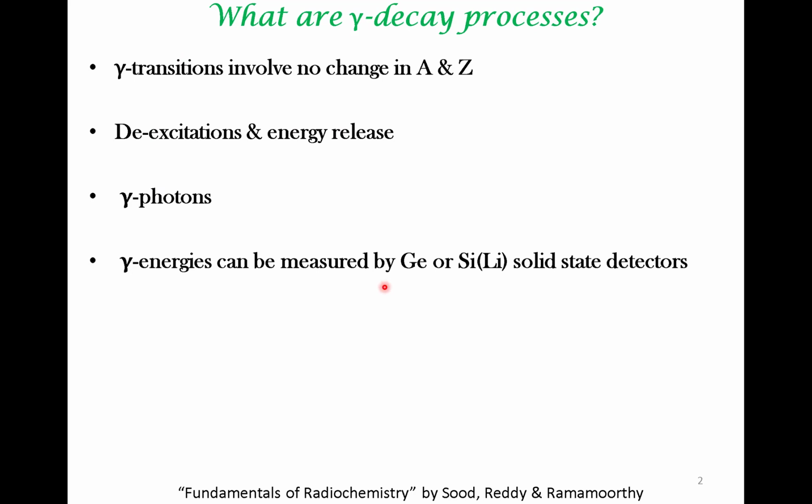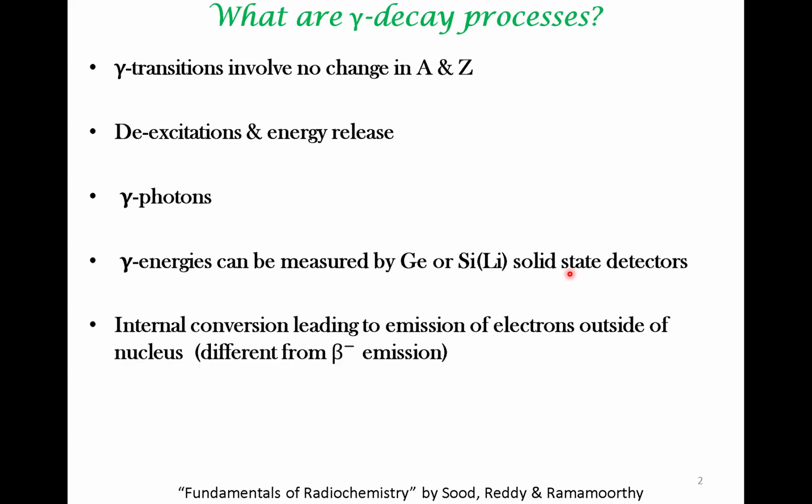Perhaps the most common detectors are silicon and germanium-based solid-state detectors. The energy can be well quantified. There are other forms of gamma transition besides the release of a gamma photon.